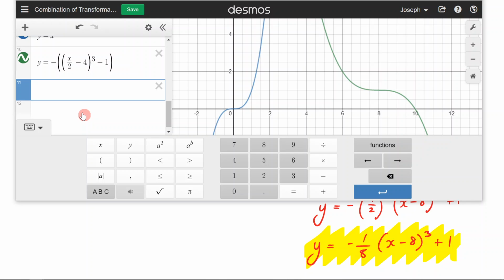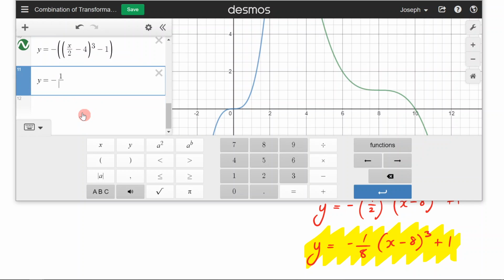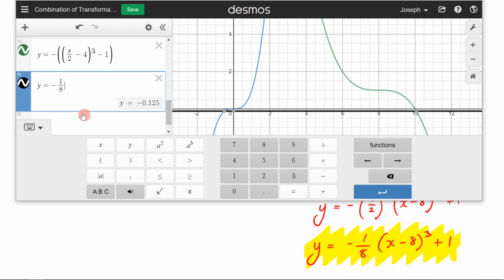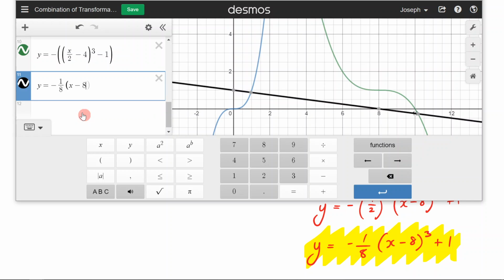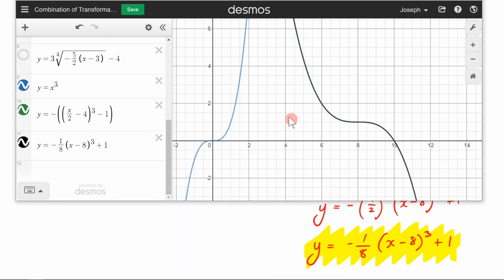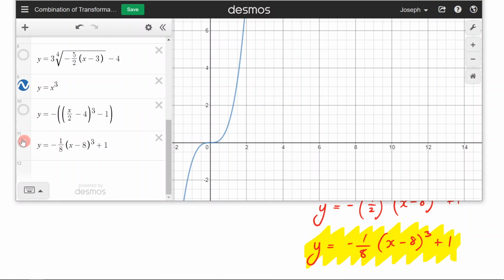So if I was just to rewrite this, it's going to be y is equal to negative 1 on 8, then x minus 8 cubed plus 1. And as you can see, that's directly over the green line. So there's the green line, there's the black line. Green, black, green, black. So it's the same thing.